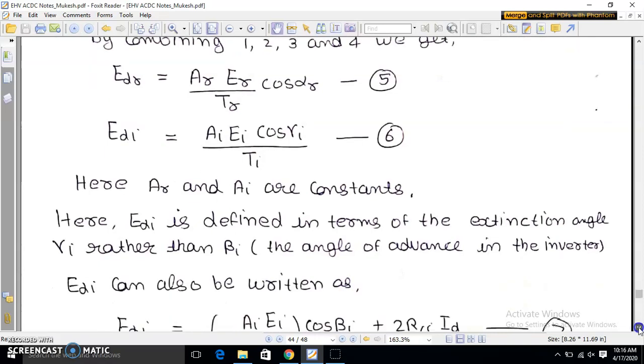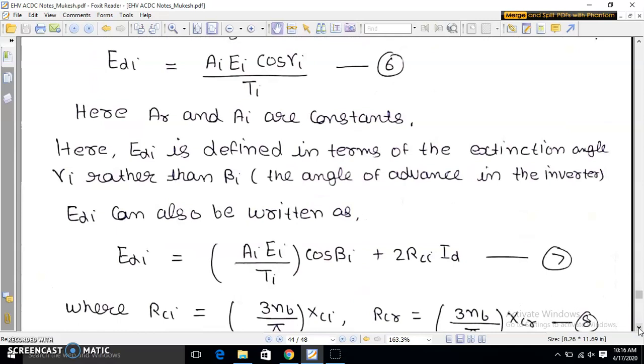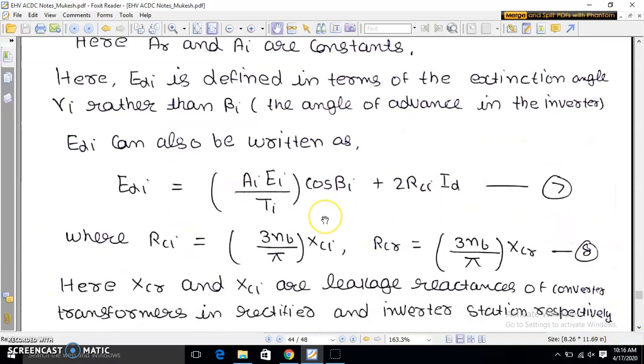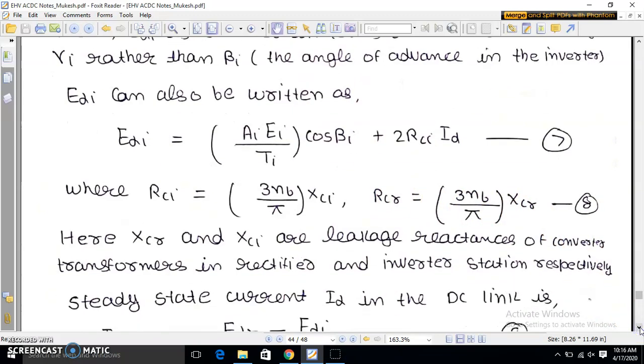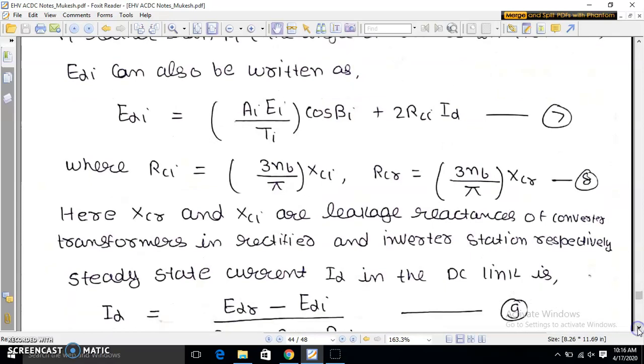E alpha I can also be written as equation number 7 like this, where RCI is given by equation number 8, where RCR is equal to 3 NB upon pi XCR. Here reactance XCR and reactance XCI are leakage reactances of converter transformers in the rectifier and inverter station respectively.